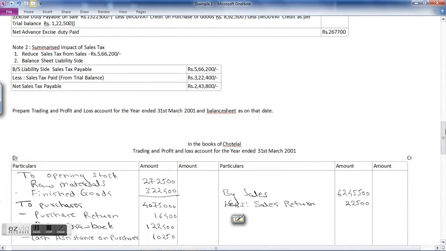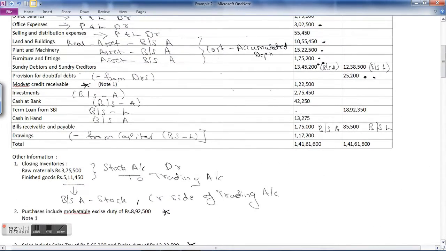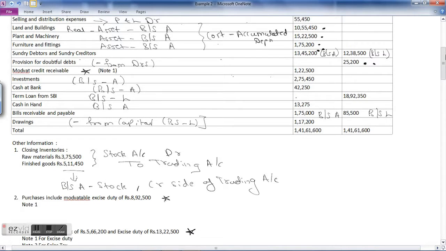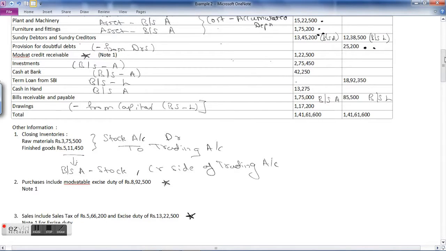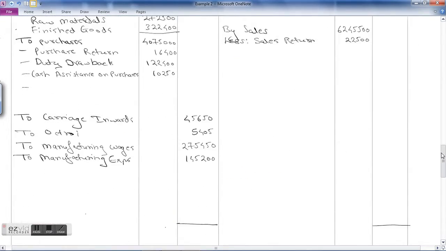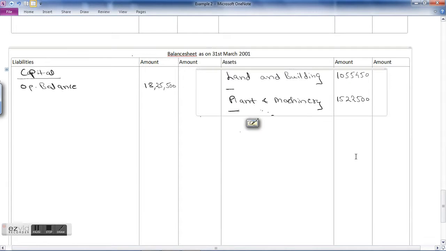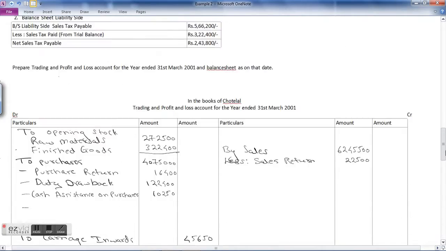Then the next item, plant and machinery. Plant and machinery is 1522,500. Okay, and we'll leave some space. So there is an adjustment on plant and machinery also.